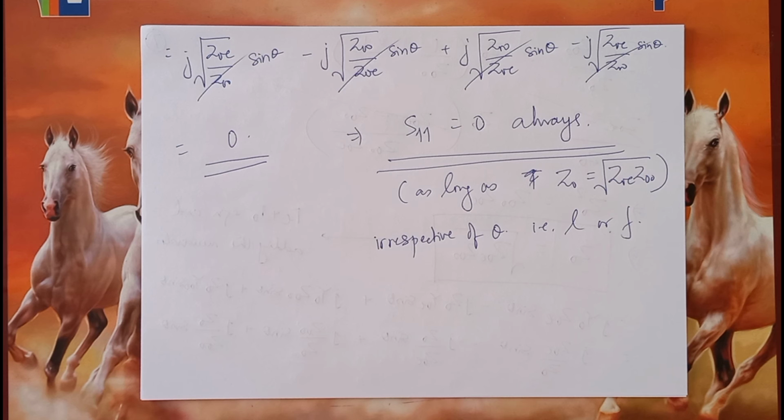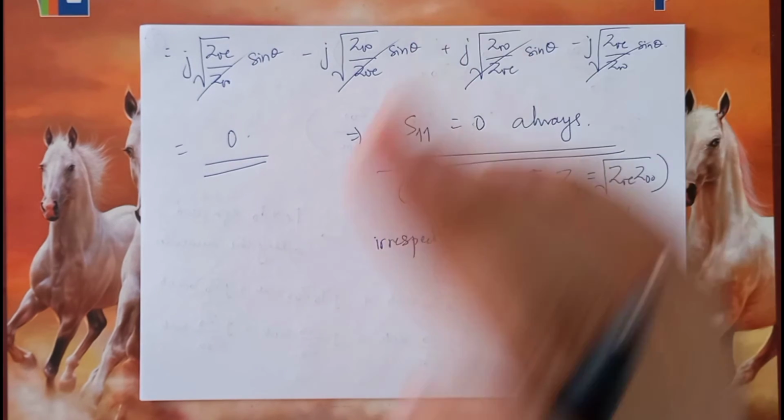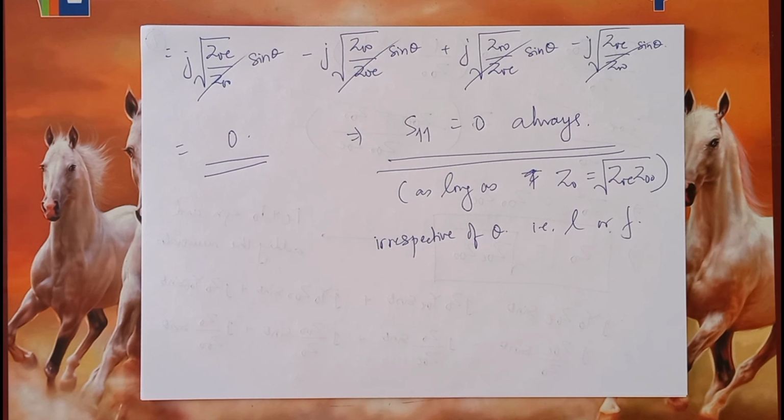So the values we had proved for S11, S21, S31 held only at the frequency where the physical length of those two arms would be equal to the quarter wavelength of the wave that is flowing. Therefore, the Wilkinson is also a narrowband device. But here S11 is 0. That means it is matched for a very broad range of frequencies, ideally infinite.